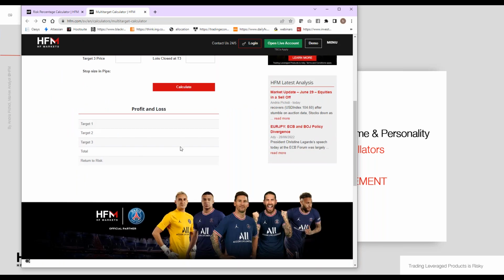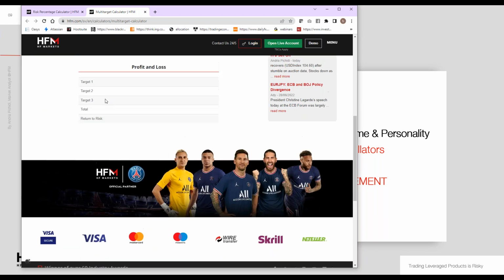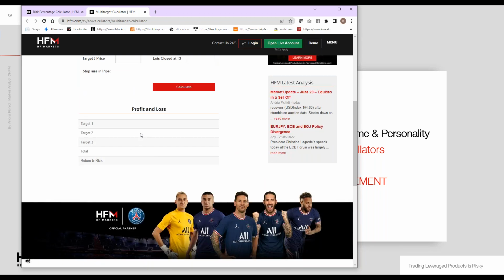Over here, you're gonna be able to see what will be your potential profit or loss in dollars. So if you don't feel okay losing, for example, $100, then you can come up here and either reduce the lot size or change your stop loss in order to minimize your potential losses. So you need to decide on a loss with which you feel okay.